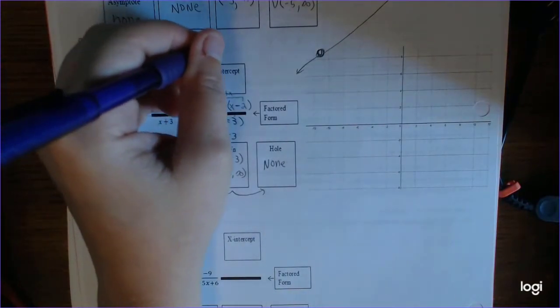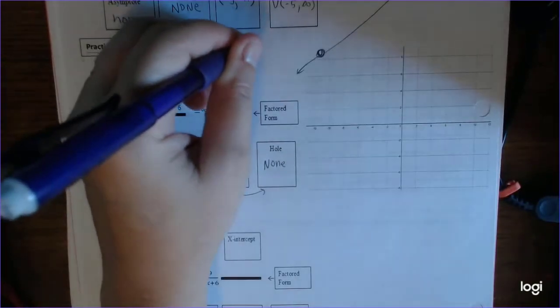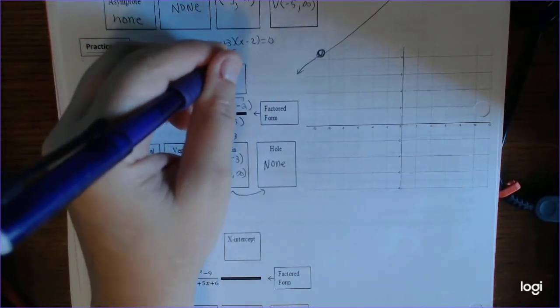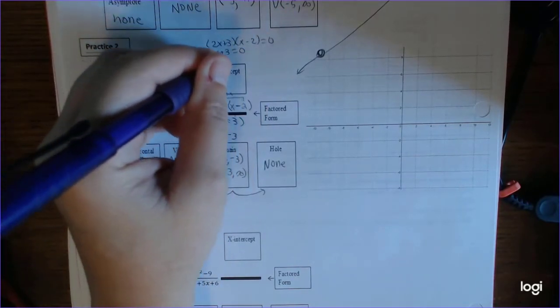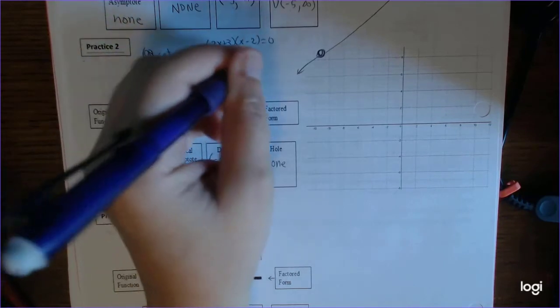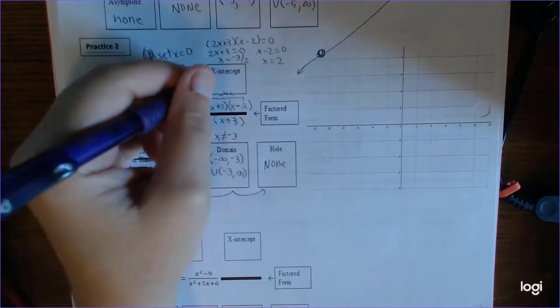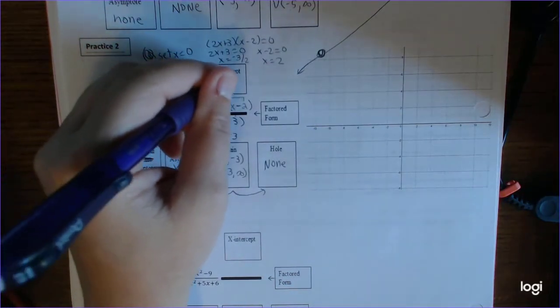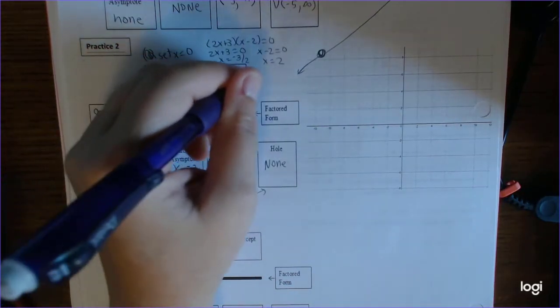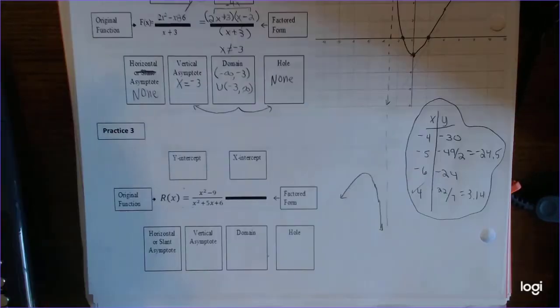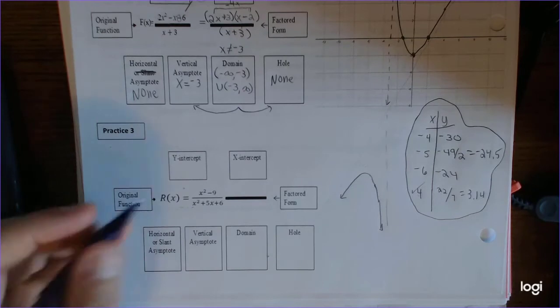So if I set 2x plus 3 times x minus 2 equal to 0 and find these zeros, 2x plus 3 equals 0 when x is negative 3 over 2, and x minus 2 equals 0 when x is 2. So this one has 2 x-intercepts. And that's all the stuff. Let's move on to practice number 3.